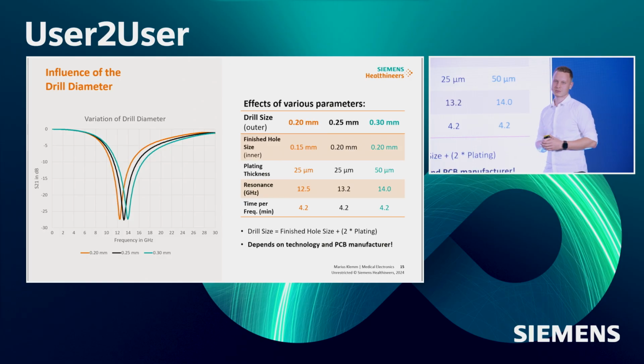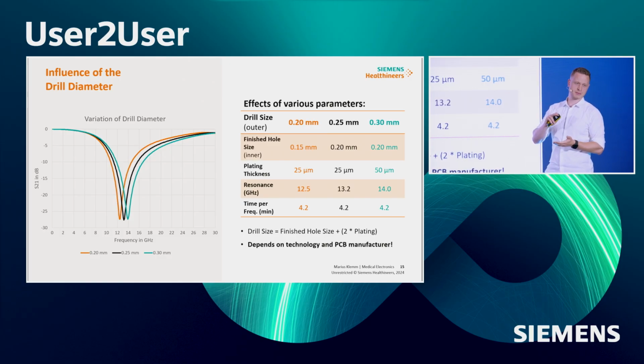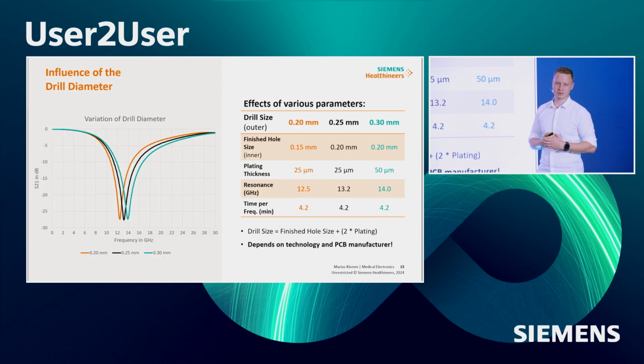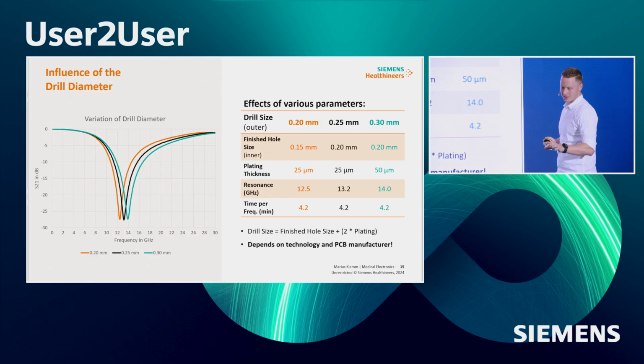And then there are also cases where the PCB vendor, in thick PCBs or for higher IPC ratings, for example, needs more plating thickness, and then he needs to drill thicker. And the problem is you see the effect. It's almost 1 gigahertz in the effect of the stub resonance, and this is something that you have no control over, but you should have control over it.